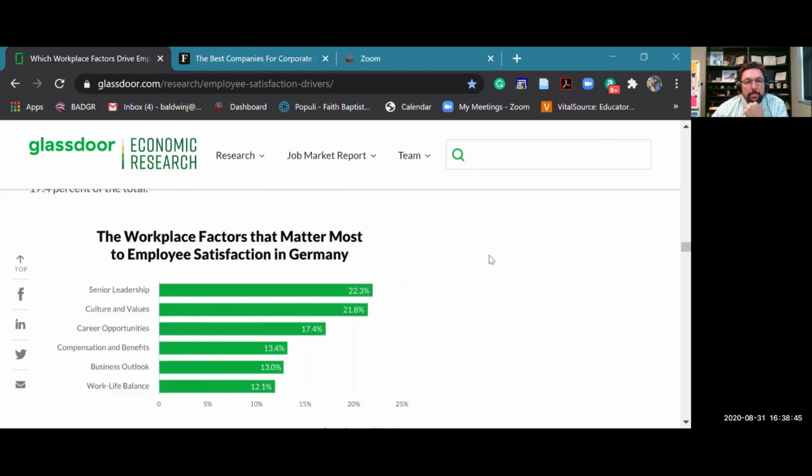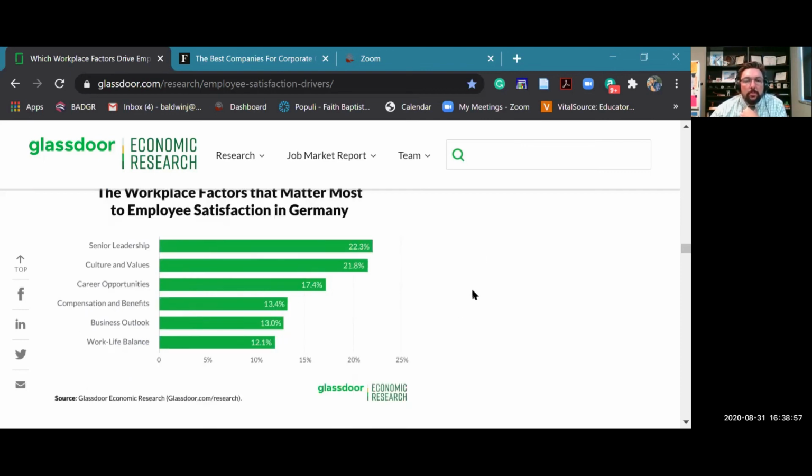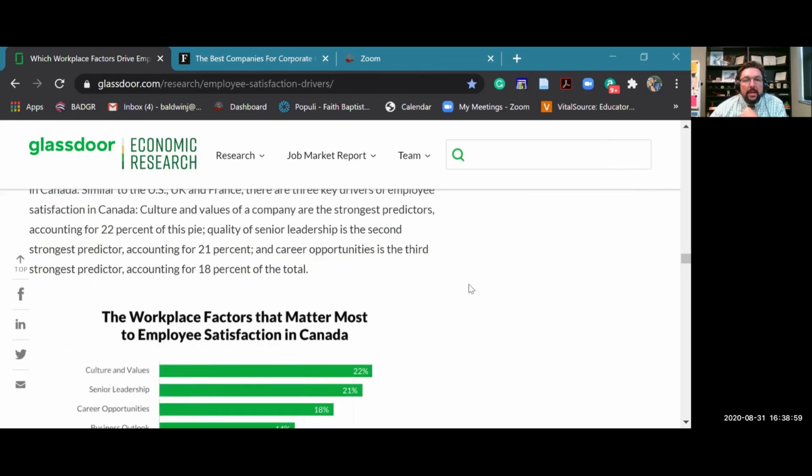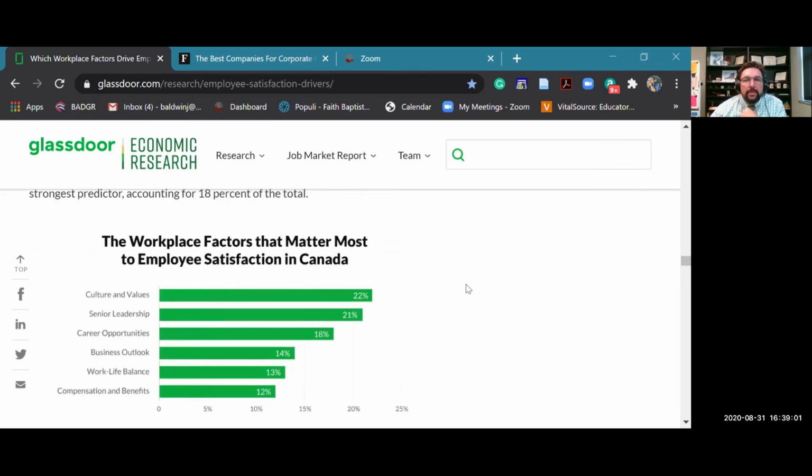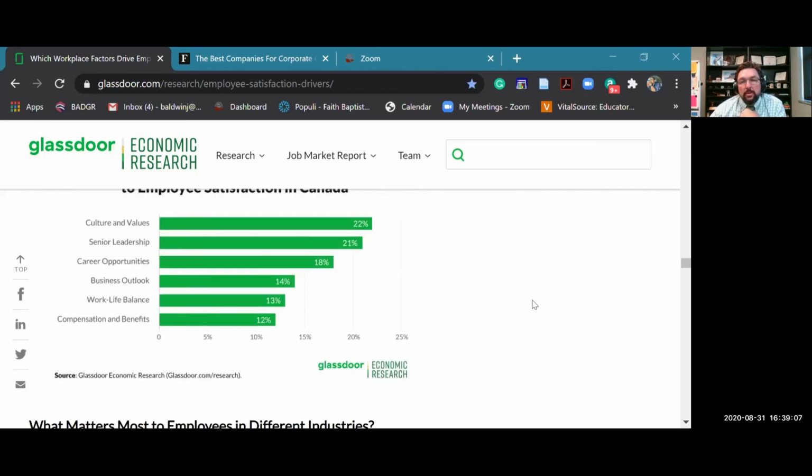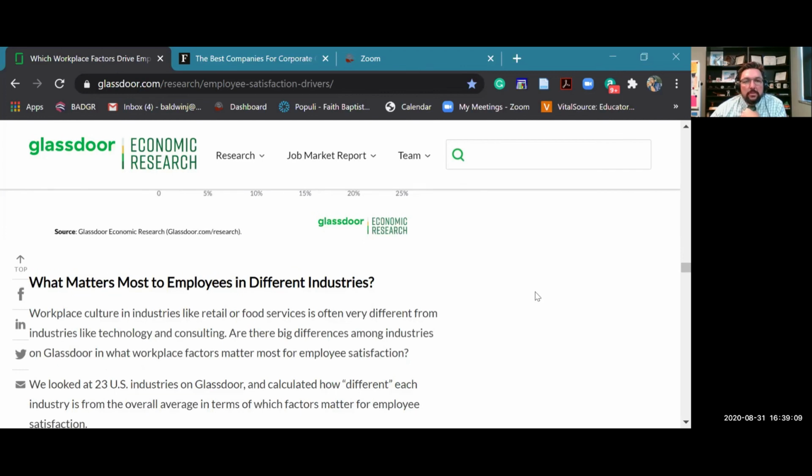Senior leadership, number 1. Culture and values, number 2. Career opportunities. So that's the only one where it really changed. And then, of course, compensation and benefits moved up the list slightly in Germany. Canada. Culture and values back up at the top, just like the US, senior leadership, and then compensation and benefits back at the bottom. So Canada, US stays about the same.